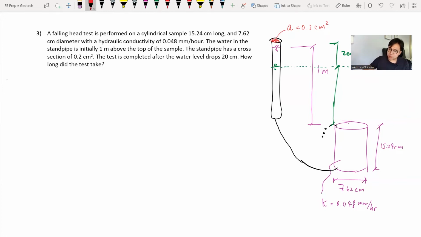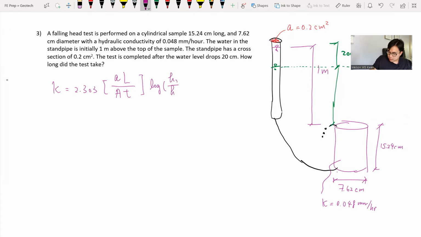Okay, now we know the formula. The formula is K equals 2.303 times the small area of the stem pipe times the length of the sample divided by the area of the sample times the time, times the log of the head drop.